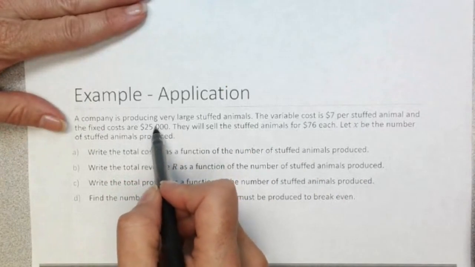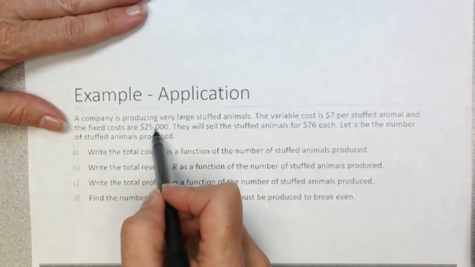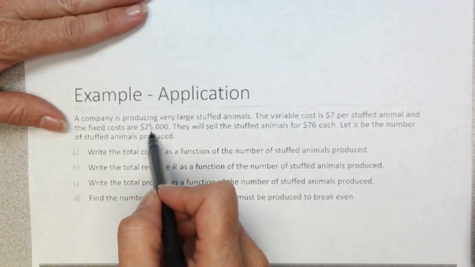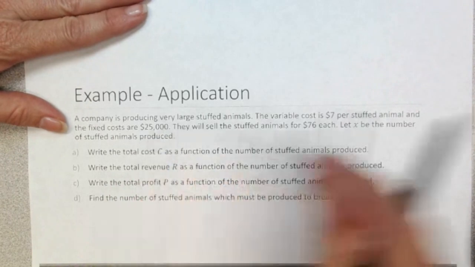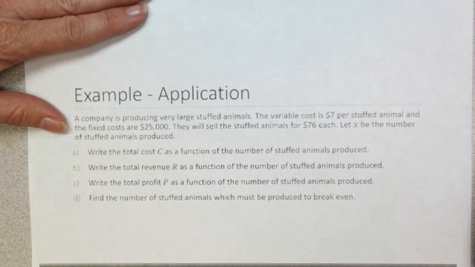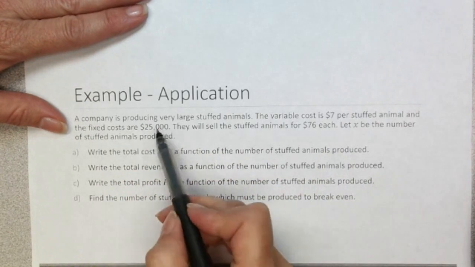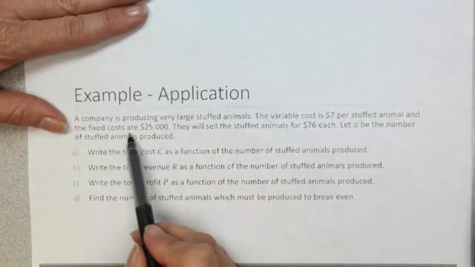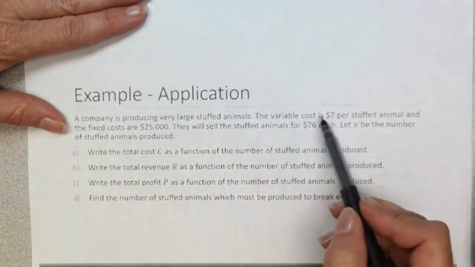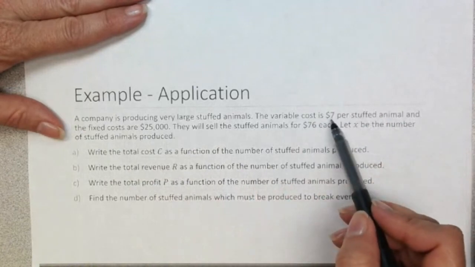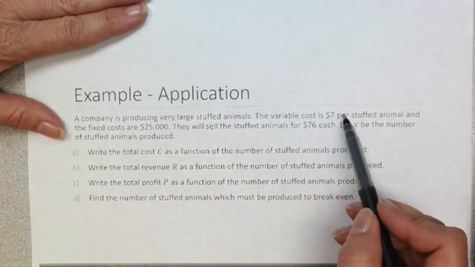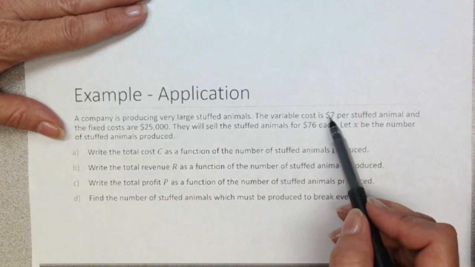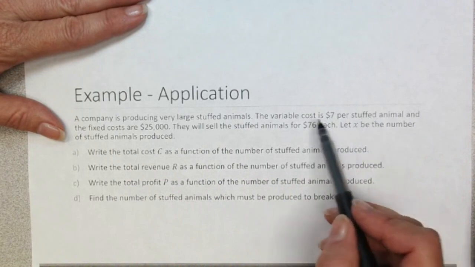When they're producing these stuffed animals, the fixed costs maybe represent salaries, rent or mortgage on their facility, maybe the electric and the water, things that we have to spend money on even if they don't produce any stuffed animals. So that's our fixed costs. But there's a variable cost saying that for each additional stuffed animal that I produce, I have to spend another $7. Maybe these are the costs for materials.